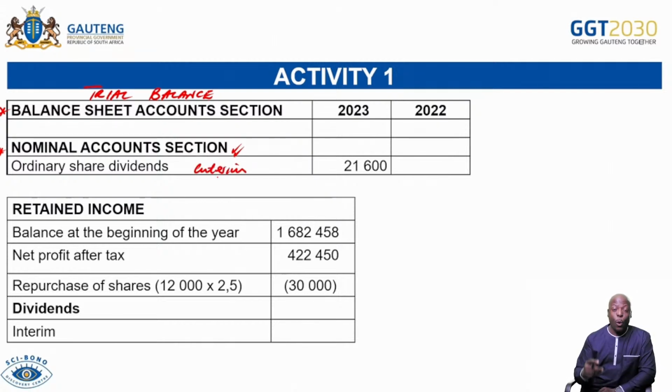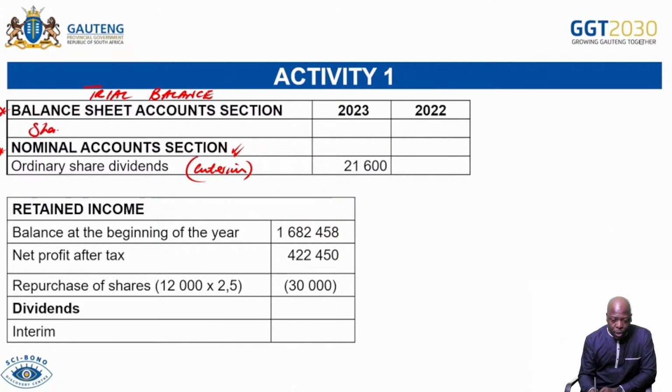I'm going to say it again. When you look at your trial balance and you see dividends in the nominal account section, that is your interim dividends.